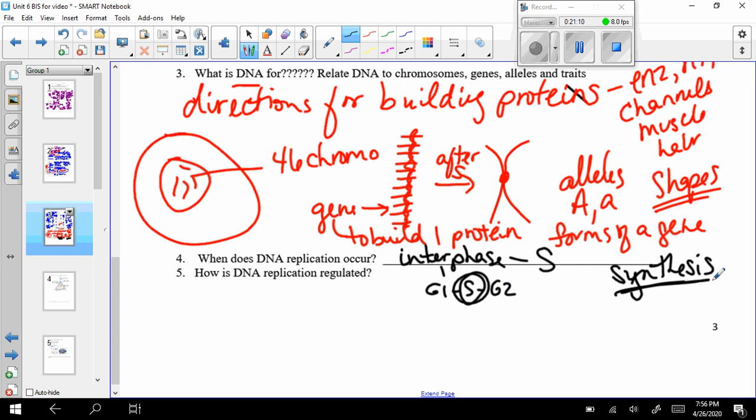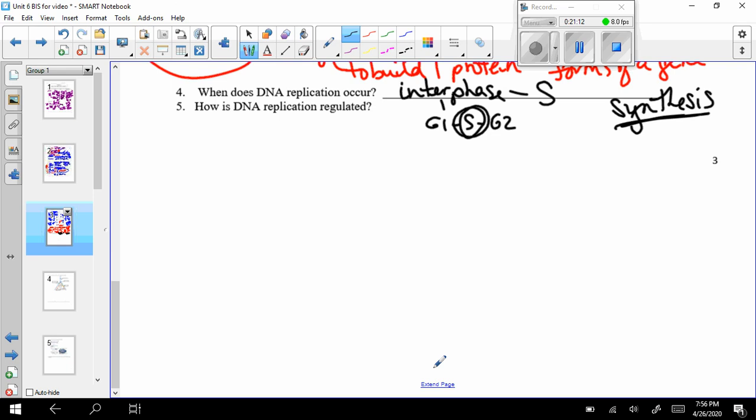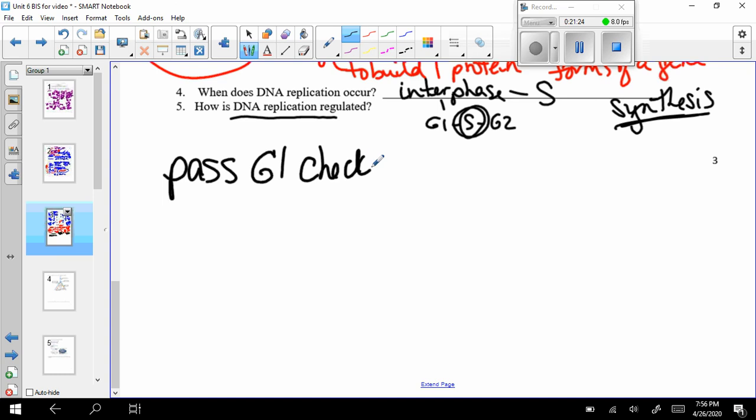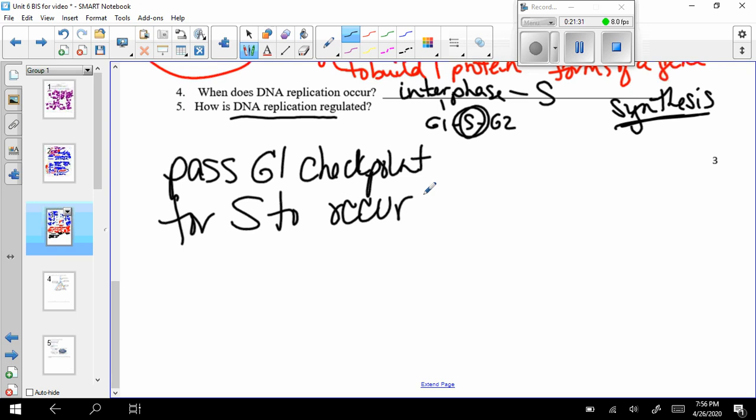All right, how is DNA replication regulated? DNA replication only happens when a cell can pass a checkpoint. You have to pass the G1 checkpoint for S to occur. And in order to pass the G1 checkpoint, you need high cyclin levels.